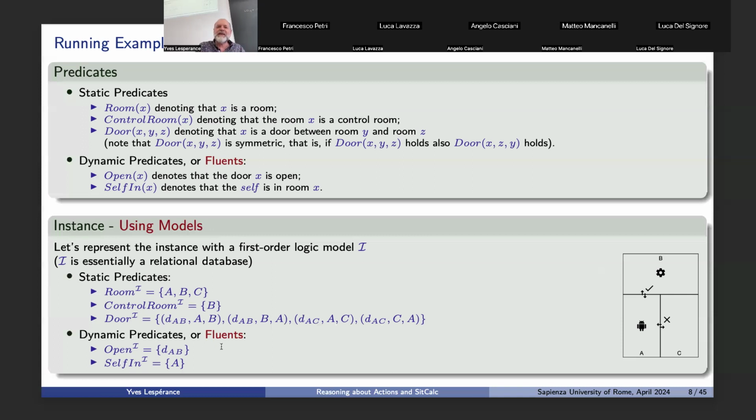Open only applies to doors. And then self-in is the predicate that is true for what room the agent is in. It's A. So this is a model in first order logic that represents this particular state of this domain.